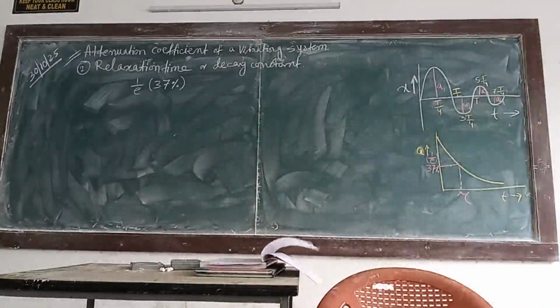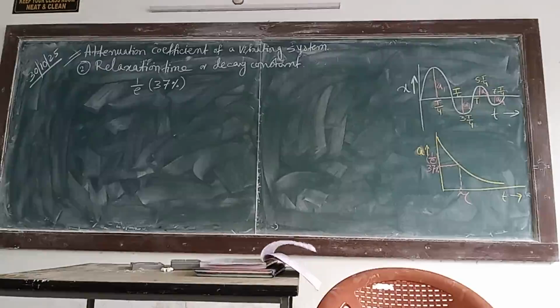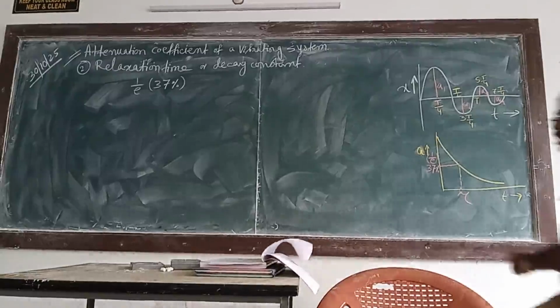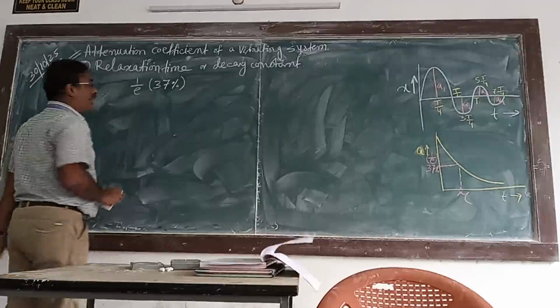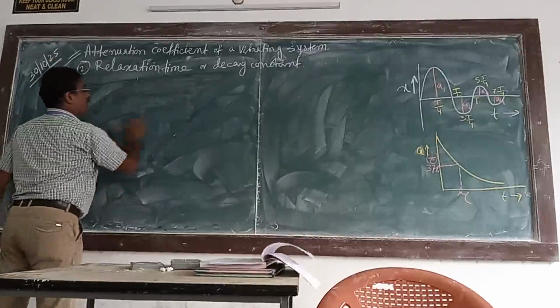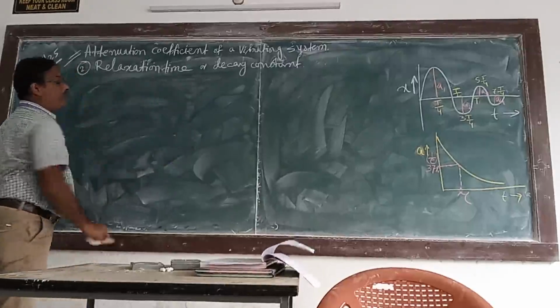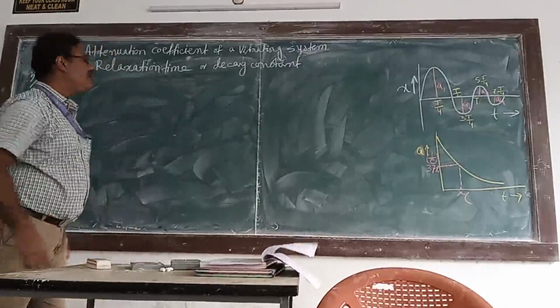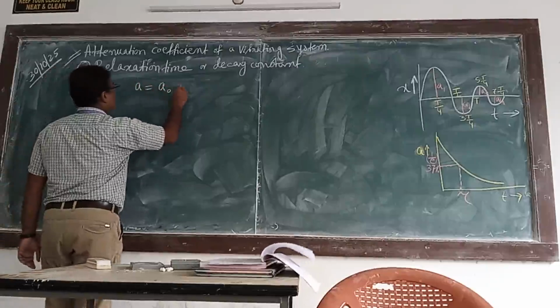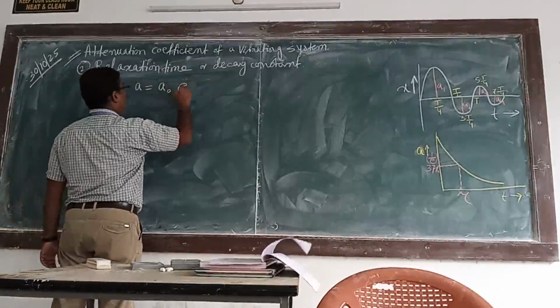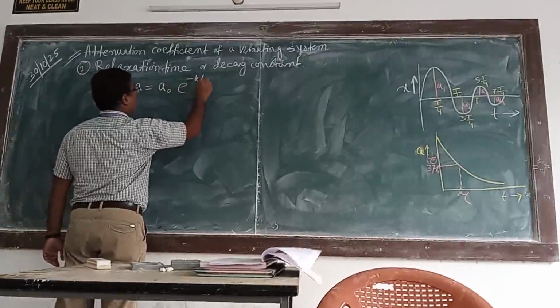Now we have to find out the value of relaxation time. Look, we know the amplitude of the damped oscillatory motion is A equals to A0 e to the power minus kt.